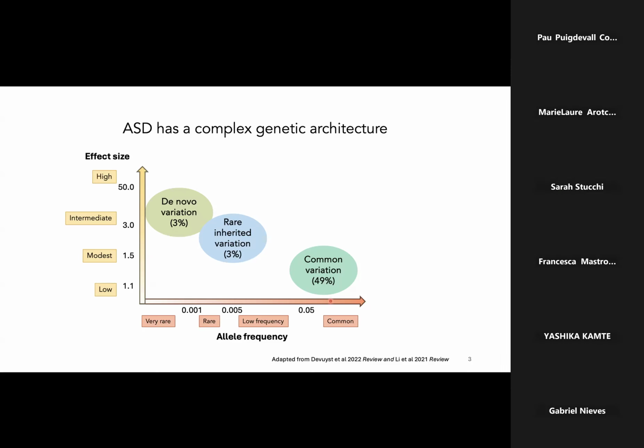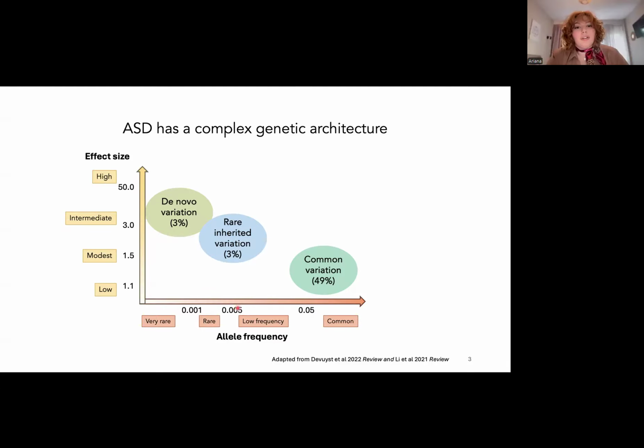What we see is an inverse relationship. Rare variants tend to have large effects, while common variants have small ones. Although novel and rare inherited variants are essential for understanding the molecular mechanisms of autism spectrum disorders, most of the heritability is actually explained by common variation.